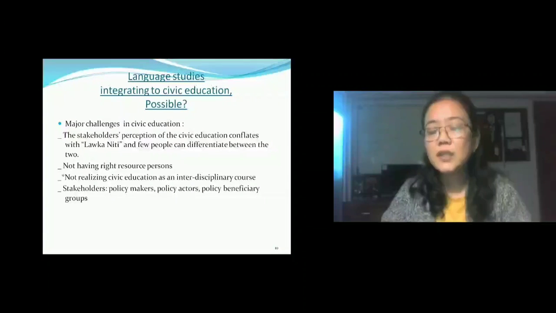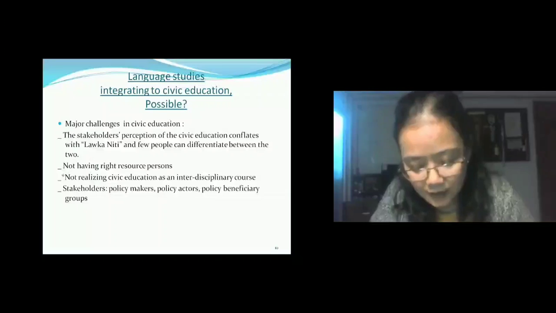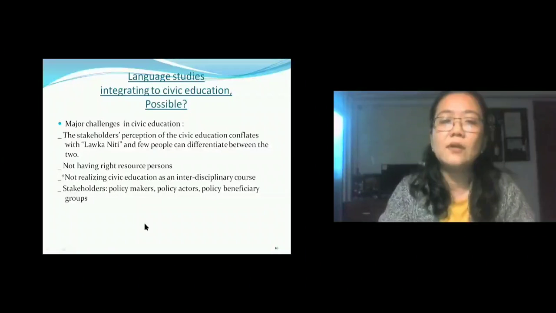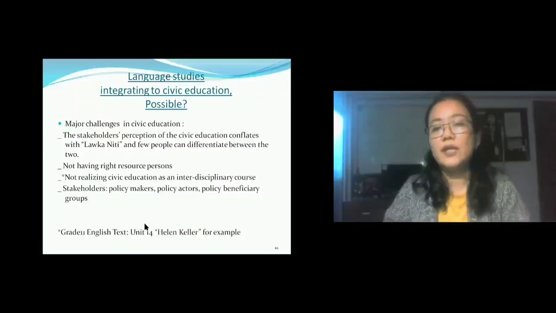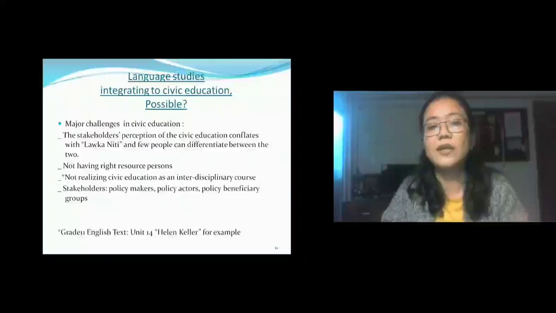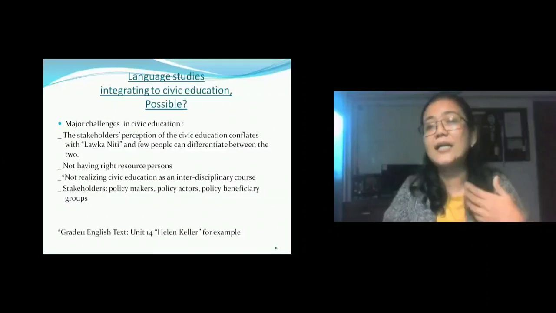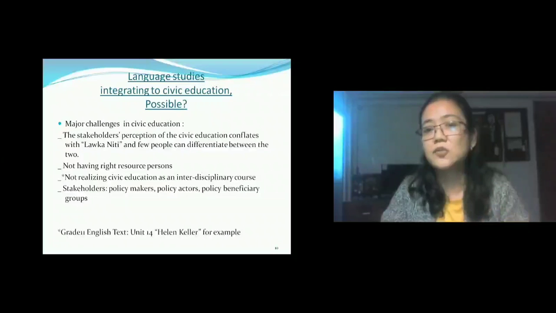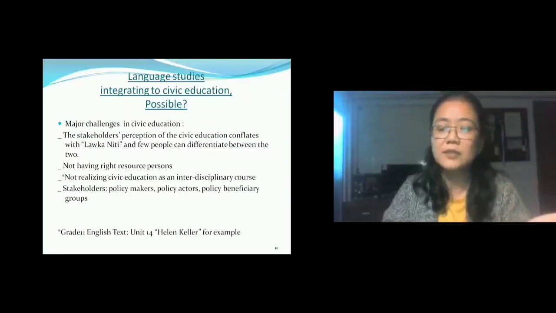I'm talking about these things because, for example, the currently used grade 11 English language textbook has, in unit 40, Helen Keller. I have had the privilege to observe some classroom teaching of Helen Keller, in private and public education.